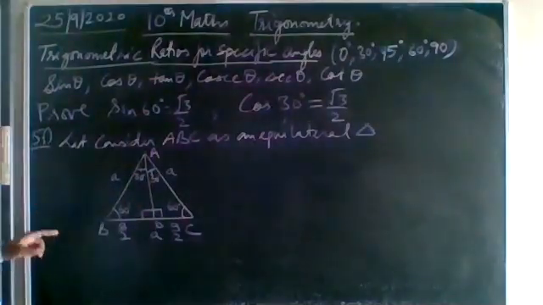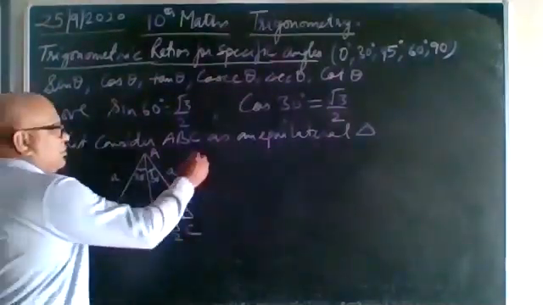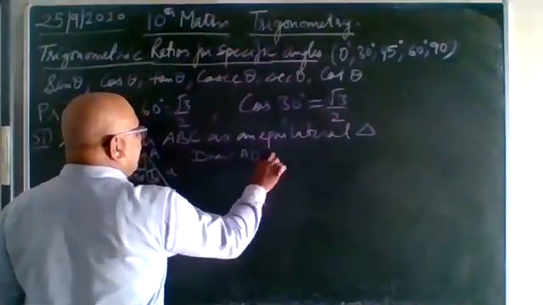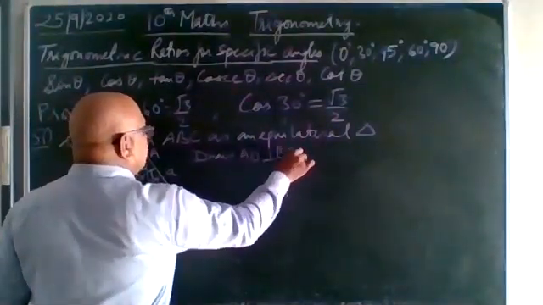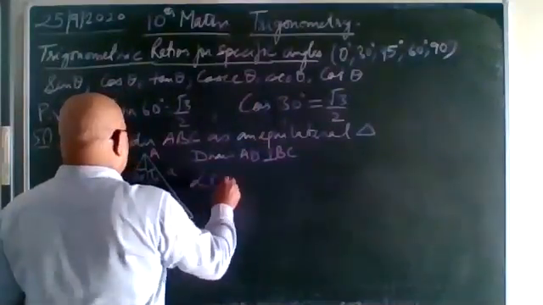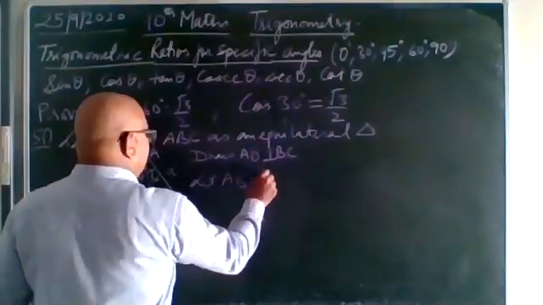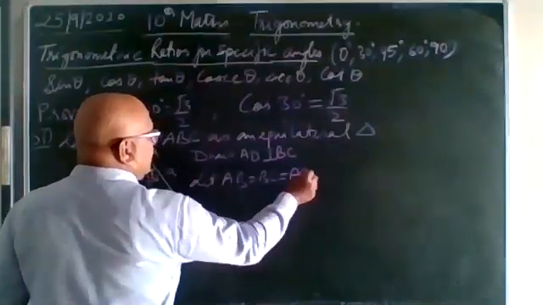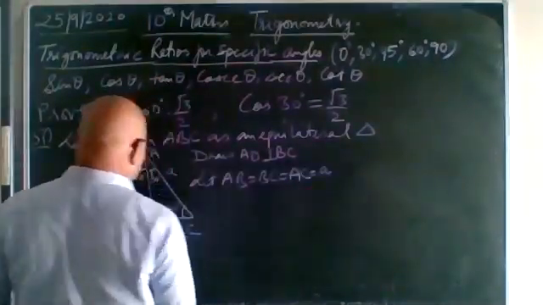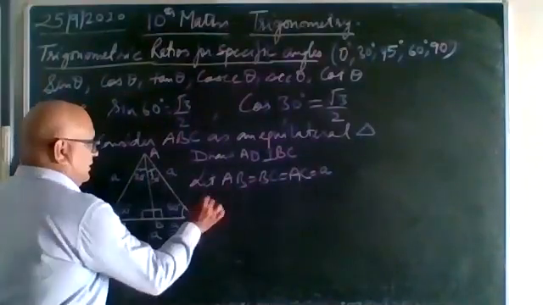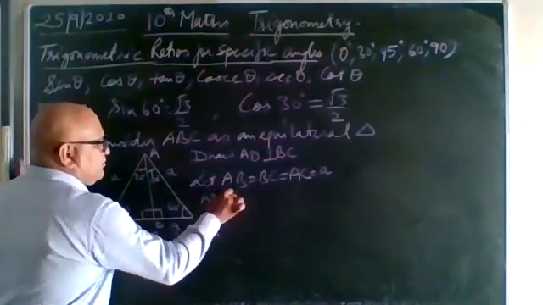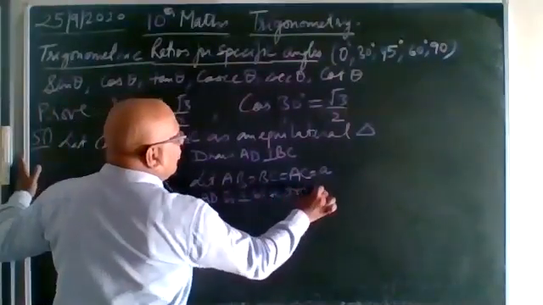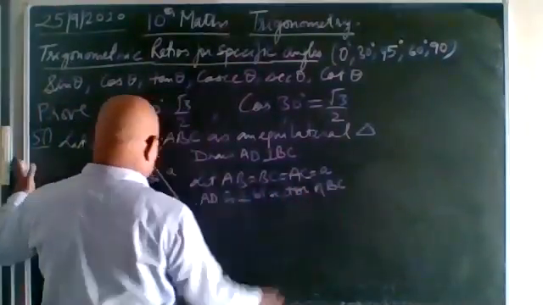After that, draw AD perpendicular to BC. AB equal to BC equal to AC, as AD is the perpendicular bisector of BC.